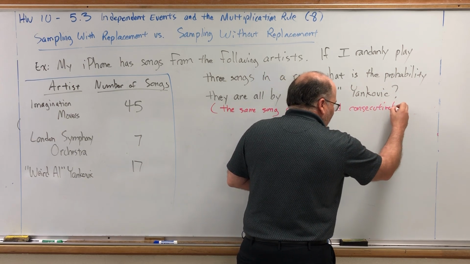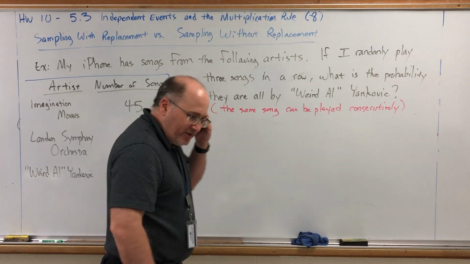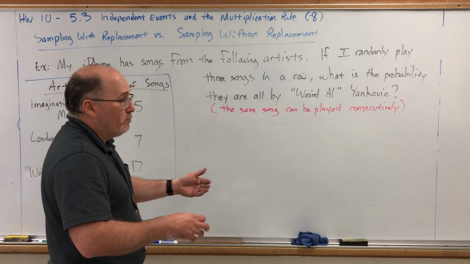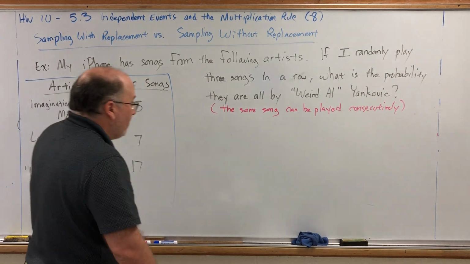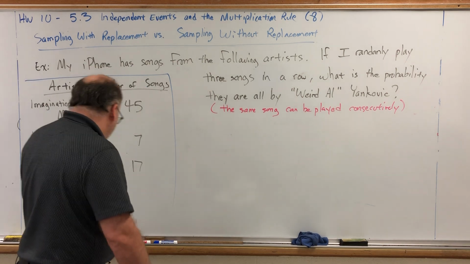I know it should randomly select another song, but random number generators can generate the same value back to back, unless it's programmed to pick something different. If it does, well, let's assume that I can play the same song as soon as it's finished playing.